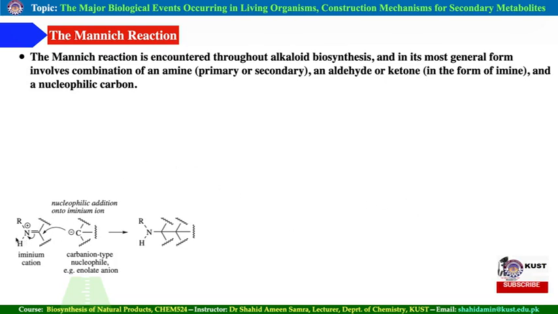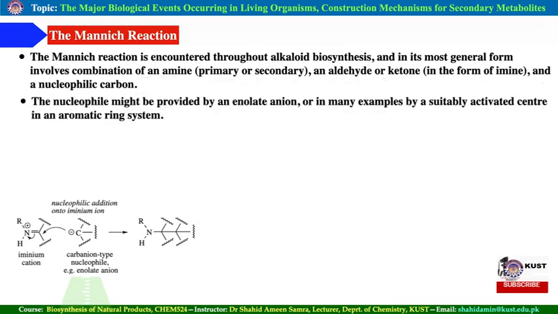If we look at this structure, this is a protonated form of imine, that is an iminium cation. If it reacts with a carbanion type of species, that is a nucleophilic center, it will attack this electrophilic center, and we will get a structure like this. This product is a product of the Mannich reaction. The nucleophile might be provided by an enolate ion, or in many examples by a suitably activated center in an aromatic ring system.